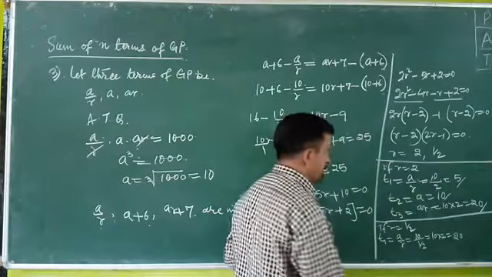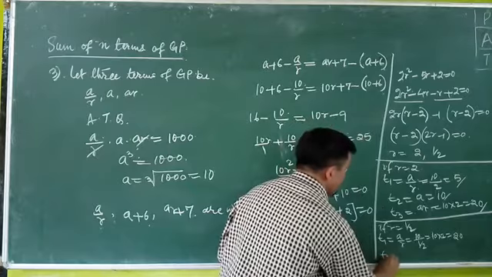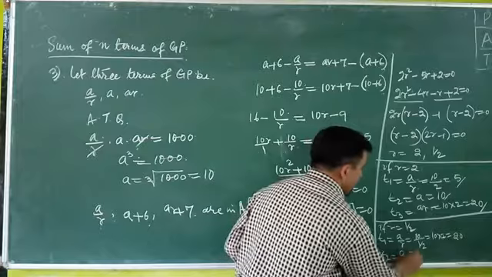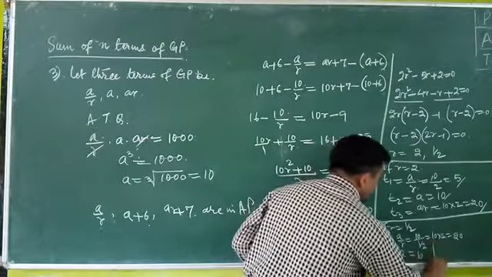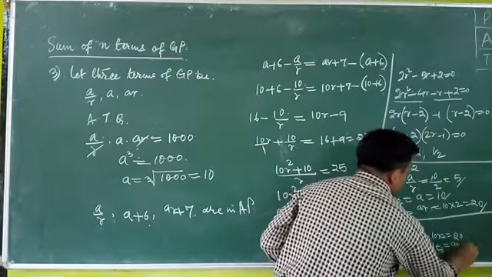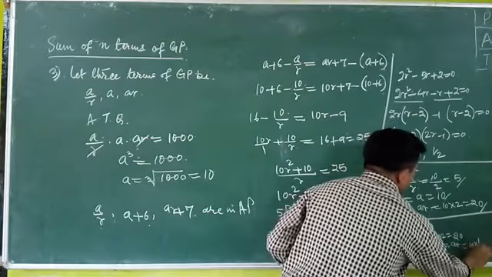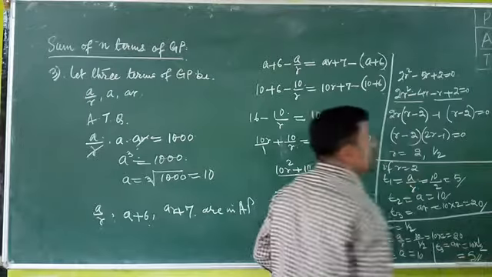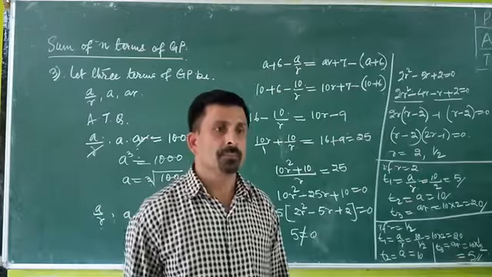Am I right? Yes, sir. And then T2 is just a, and a is only 10. And then T3 is equal to ar. A is 10, r is half, and therefore the answer is 5. Have I understood? Yes, sir.